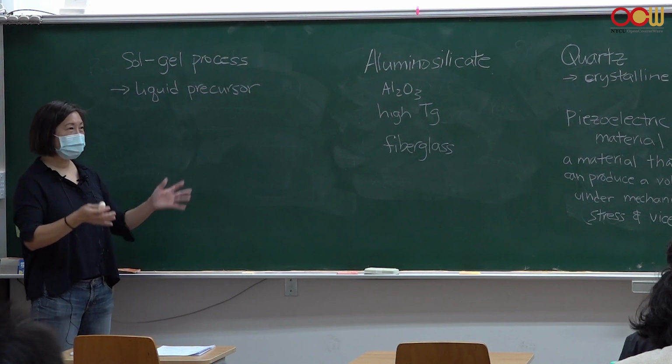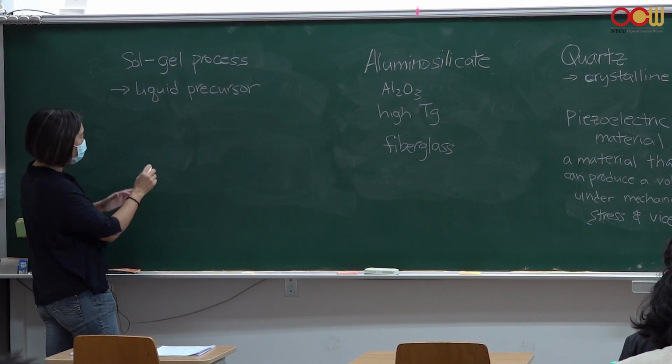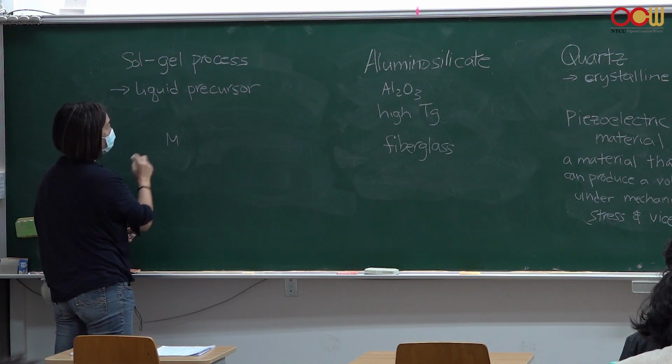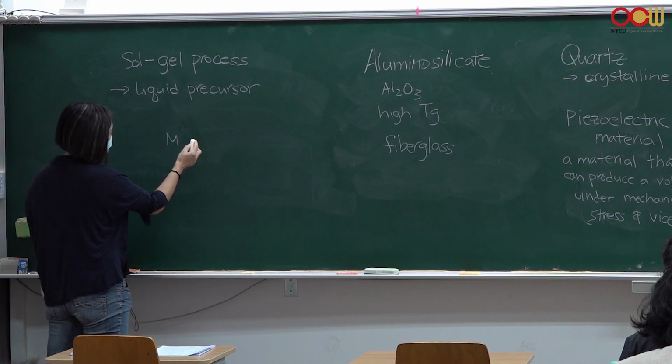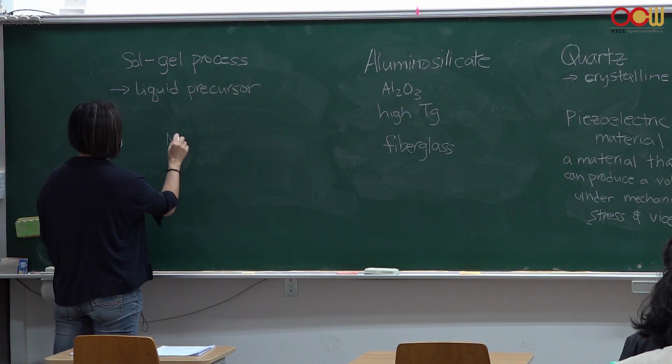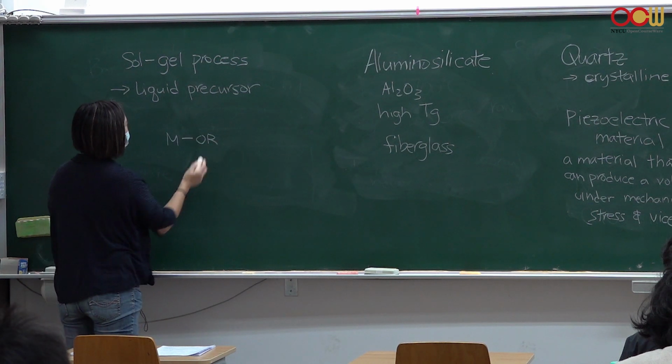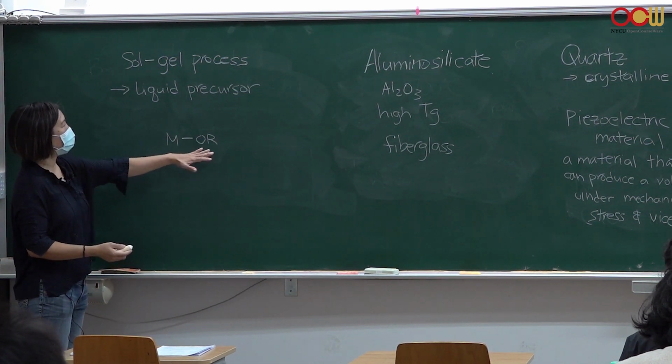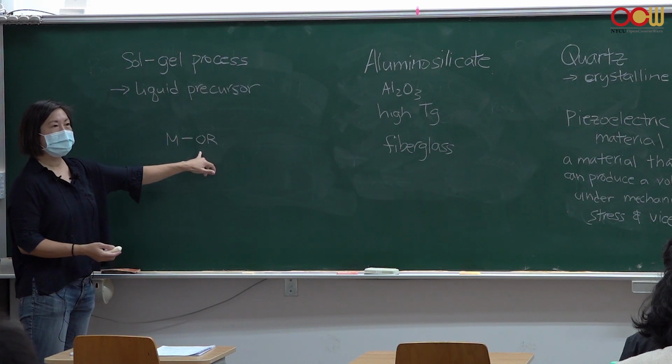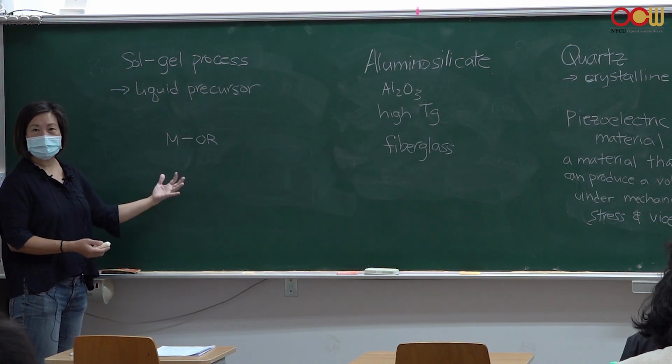So it's actually a liquid way to make ceramics. Ceramics are a metal, usually connected to some kind of non-metal: oxygen, nitrogen, carbon, and so forth. But a lot of times you take a metal connected to an organic group, R, and this is a liquid.